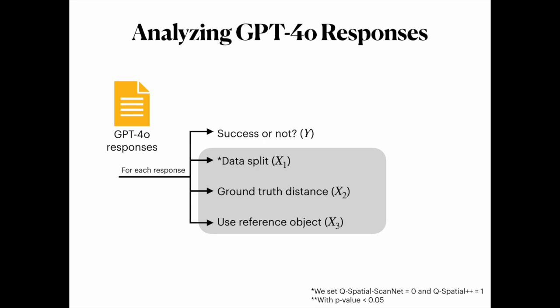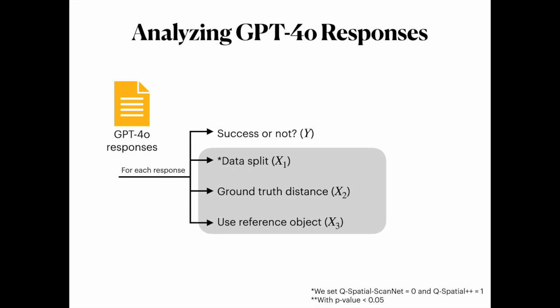To validate our hypothesis, we collect the GPT-4o responses from both splits and use a logistic regression model for the analysis. For each response, we can derive the following 4 variables. First, if the response is considered a success or not. Second, the source of the data split. Third, the ground truth distance. Lastly, if the response uses any reference object.